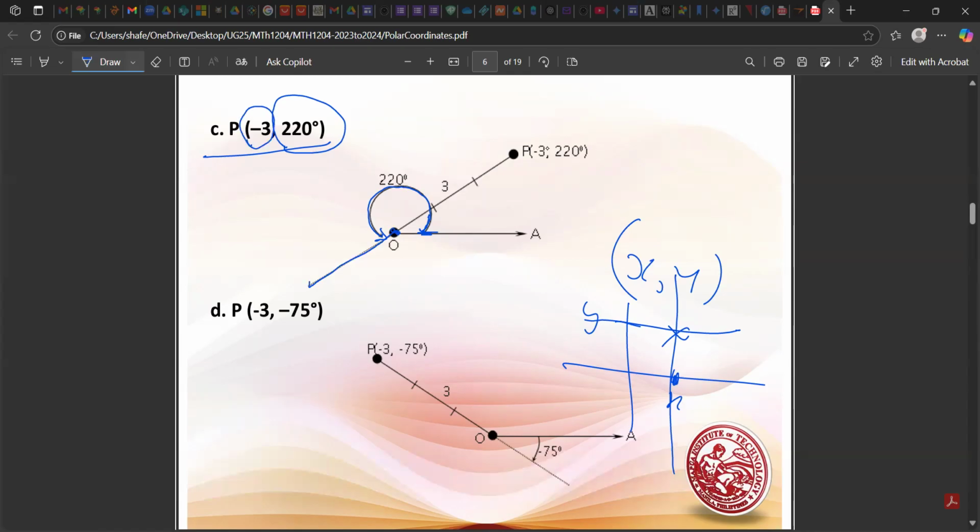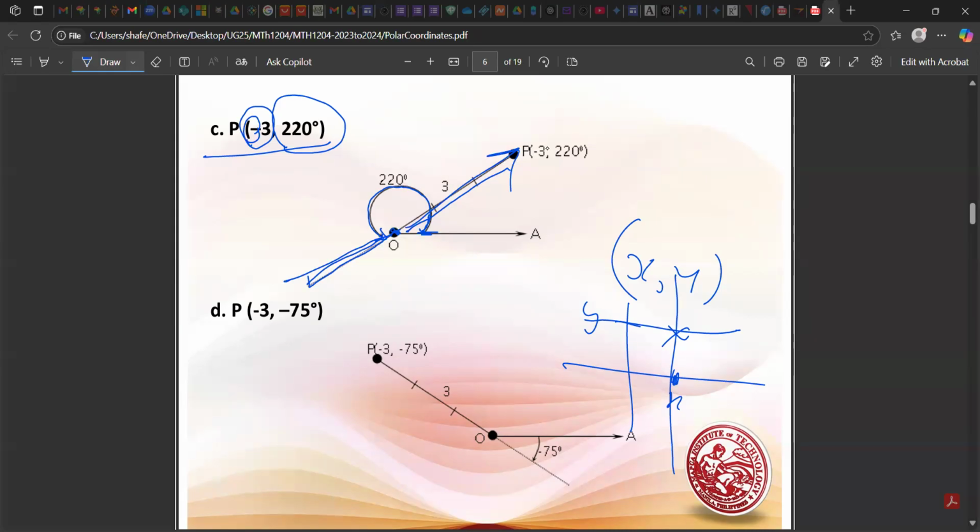But because this is negative, you are not going to do that. You're going to draw in the opposite direction, contrary to where that angle ends. So the angle is measured from here to here, and instead of going this way, because there's a negative sign, you're going in the very opposite direction.